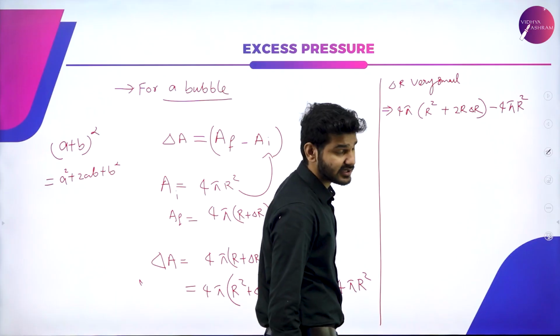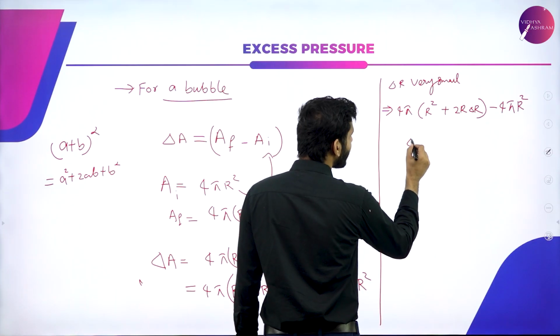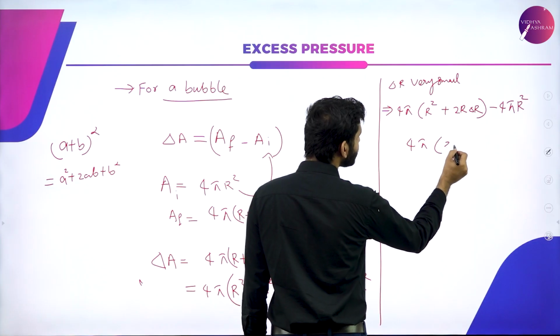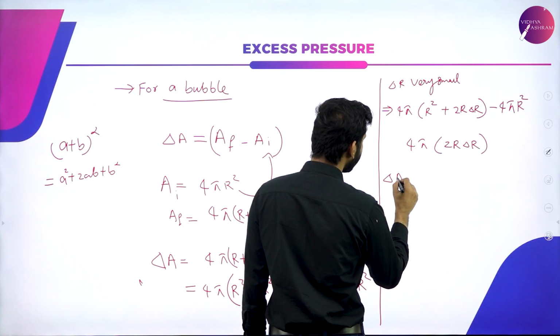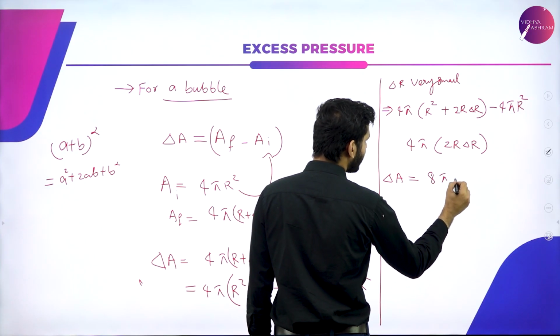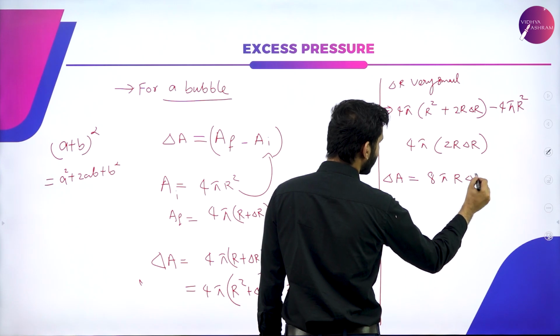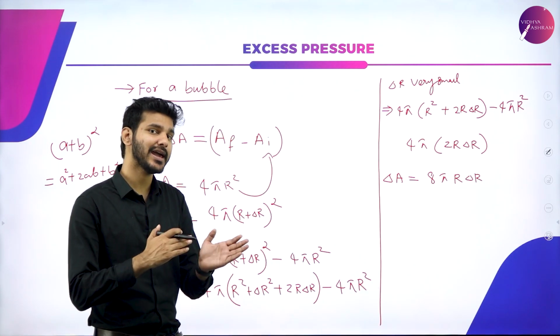That will cancel each other out, and the only thing remaining is 4π into 2rΔr. So ΔA will be equal to 8πrΔr. So this will be the change in area.